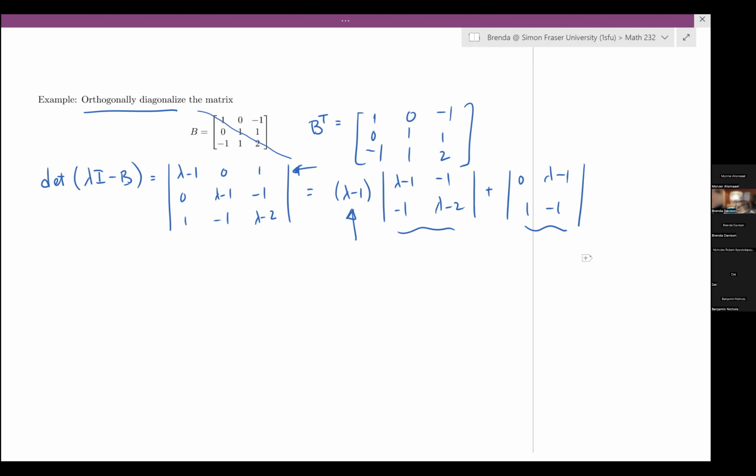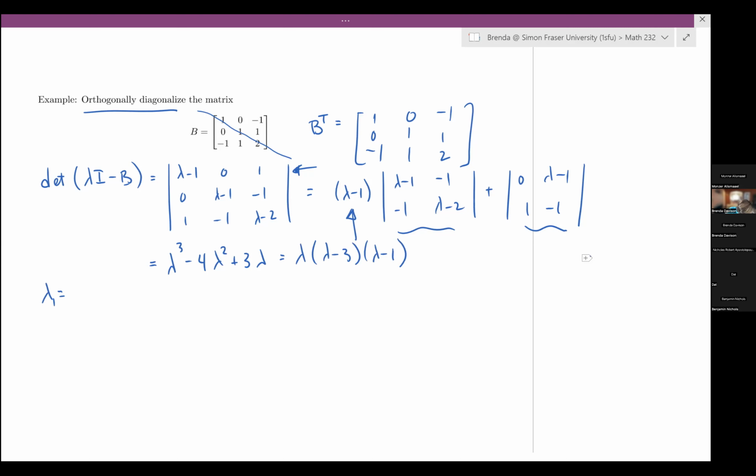And then you get the characteristic polynomial, which I got to be lambda cubed minus 4 lambda squared plus 3 lambda. So that's the characteristic polynomial. You factor that. There you go. And then you get the eigenvalues like this.